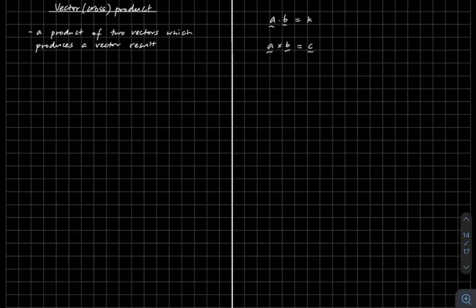So here is the definition of the vector product in a sort of geometric sense. So let me write it first of all and then explain it. It's going to start off looking quite like the dot product in geometric form. So A cross B is the magnitude of A times the magnitude of B. This time it's times the sine of the angle between them rather than the cosine.